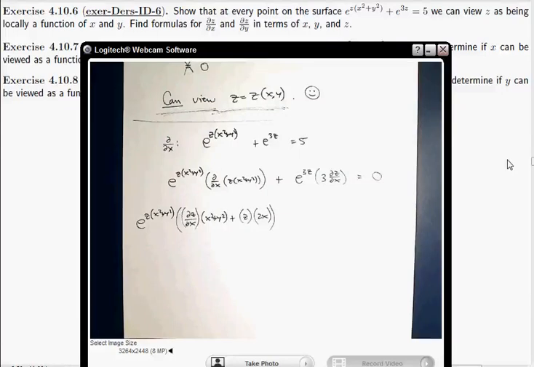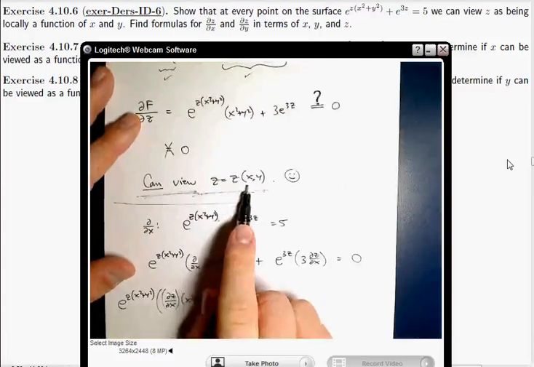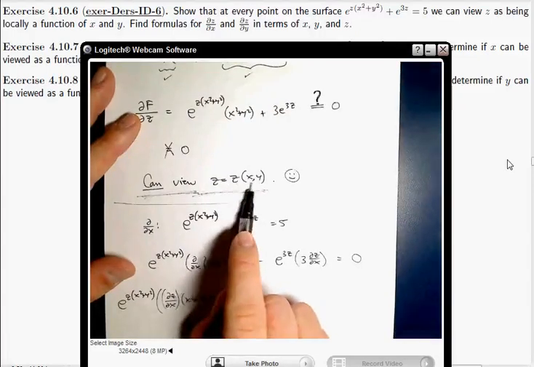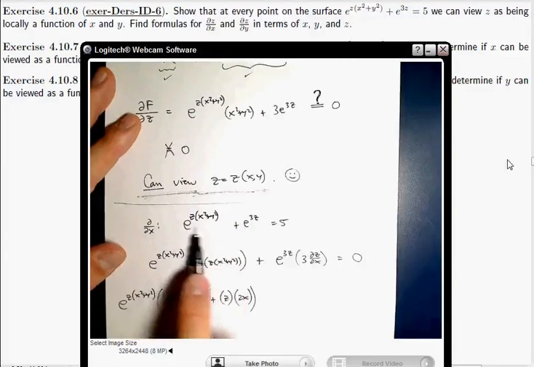Yes? So I think my question is, when we did partials a couple sections before, we treated any variable that's not the variable of interest to be a constant. But here you decide to treat z as a function of x, but not y. No, z is a function of both x and y. And so everything in this expression is viewed as a function of x and y.